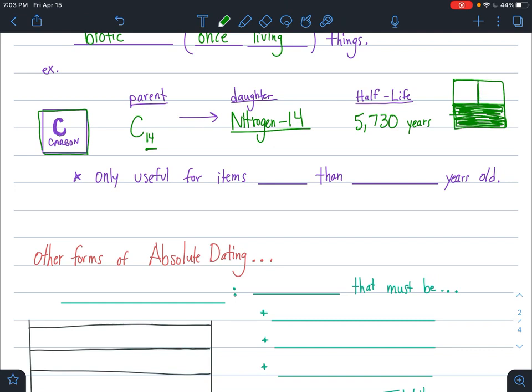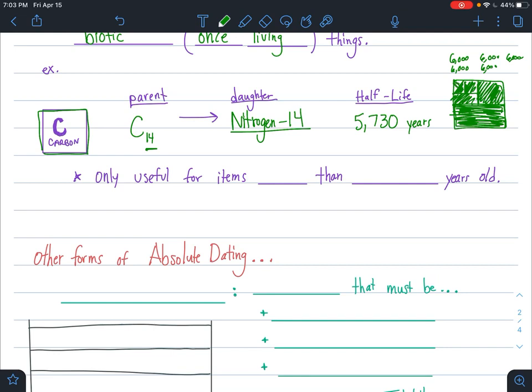For the next half, it would take another 6,000 years. So we have 6,000 plus 6,000, 12,000 years for this much of the sample to turn into nitrogen-14. Another 6,000, now we're at 18,000 years. Another 6,000, 24,000 years, another 6,000, 30,000 years, and so on.